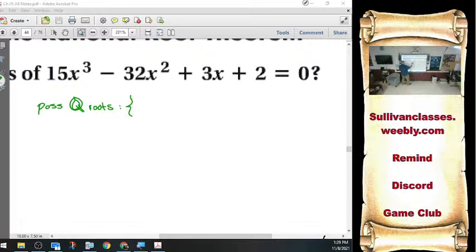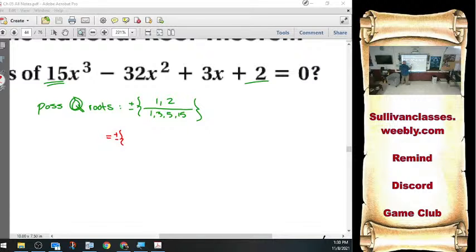Johnny? Okay. John? All the factors of 2 over all the factors of 15. Okay? Which means I still have to write it out. My possible rational roots are plus or minus 1 over all this stuff, or sorry, all this stuff over 1.